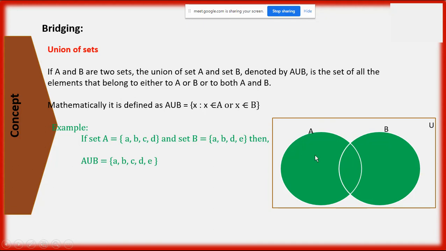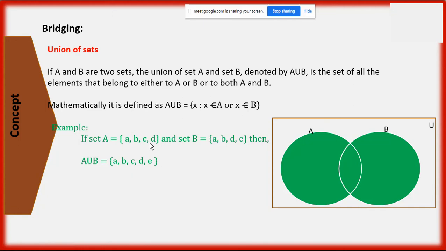In the previous one, it was either in A or in B or in both, which covers the common part as well.